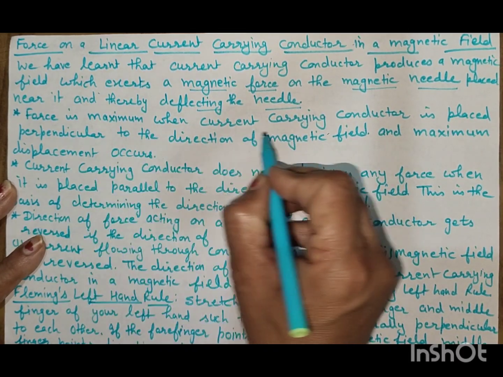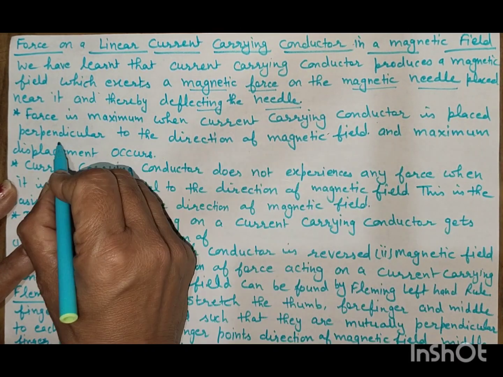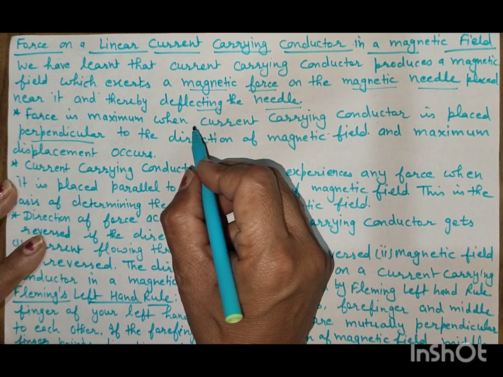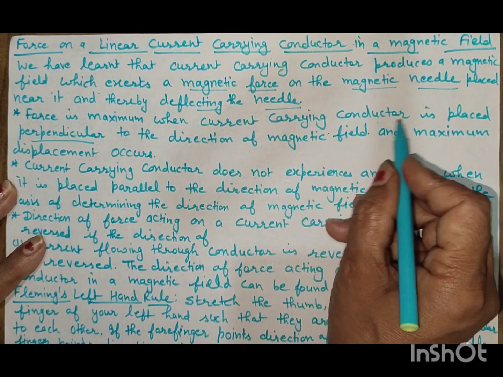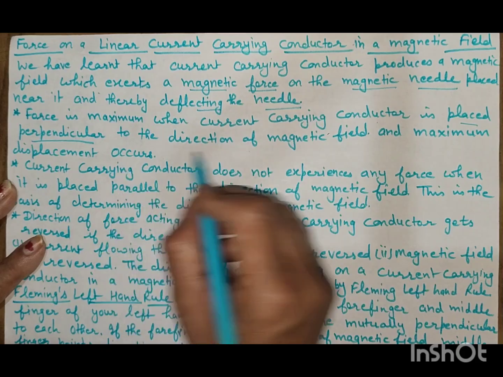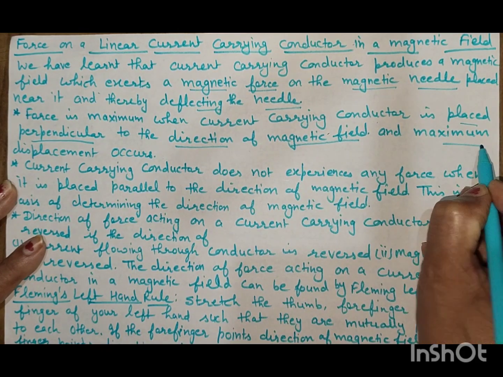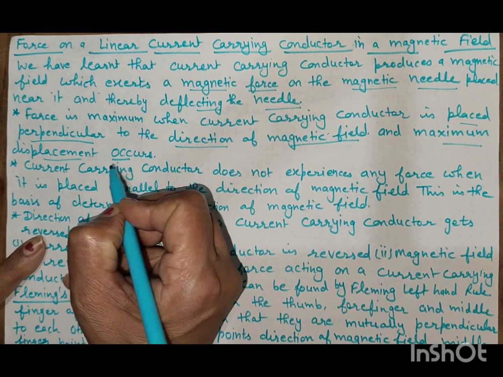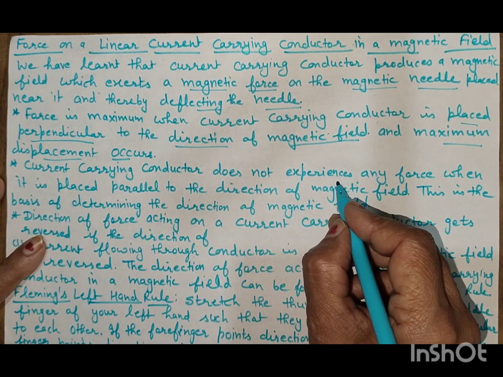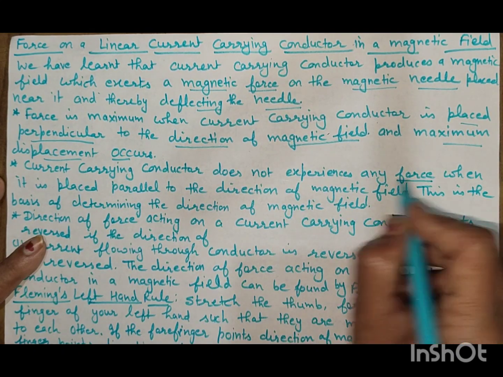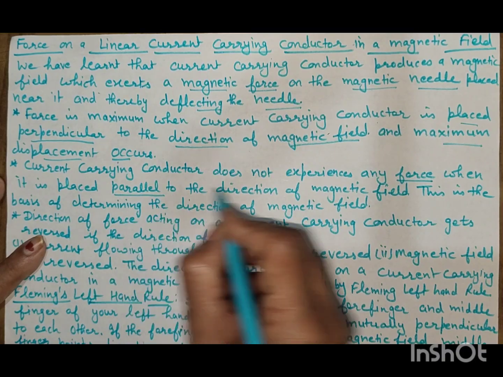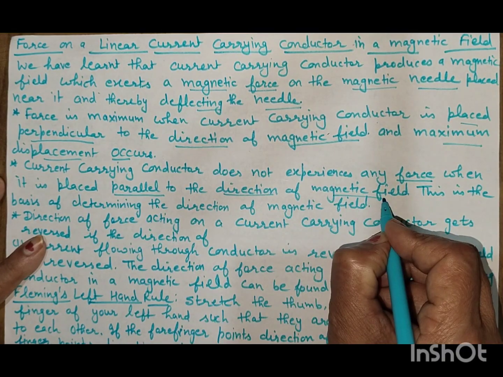Force is maximum when the current carrying conductor is placed perpendicular to the direction of the magnetic field, and maximum displacement occurs. A current carrying conductor does not experience any force when it is placed parallel to the direction of the magnetic field.